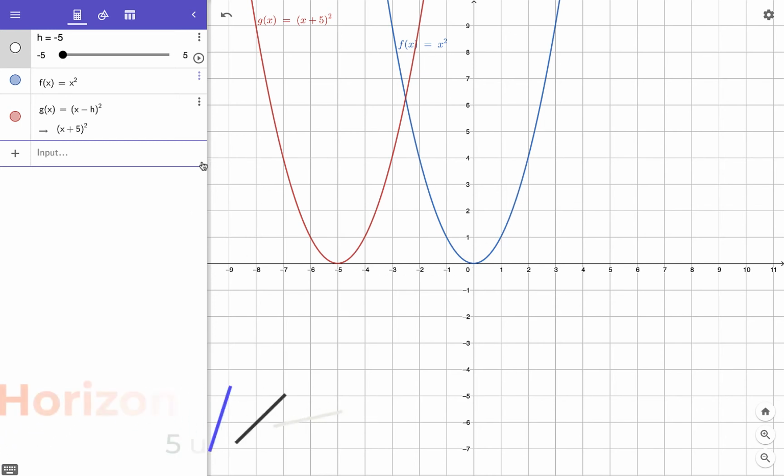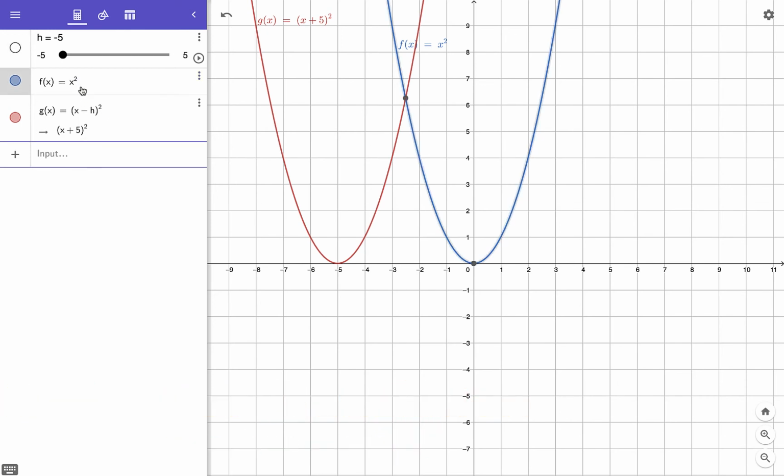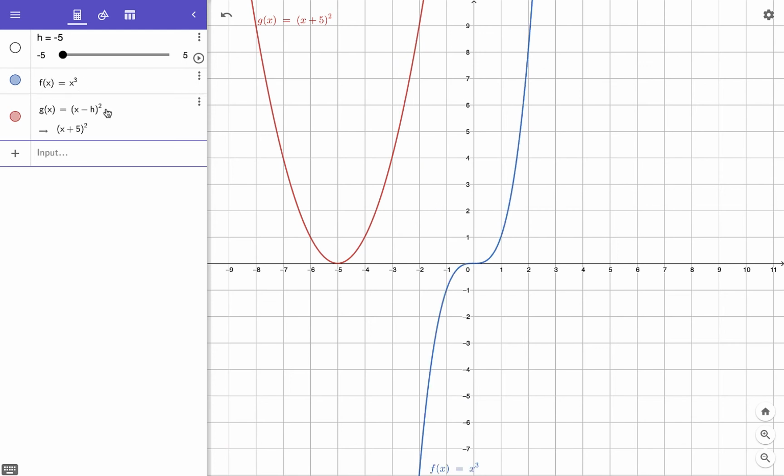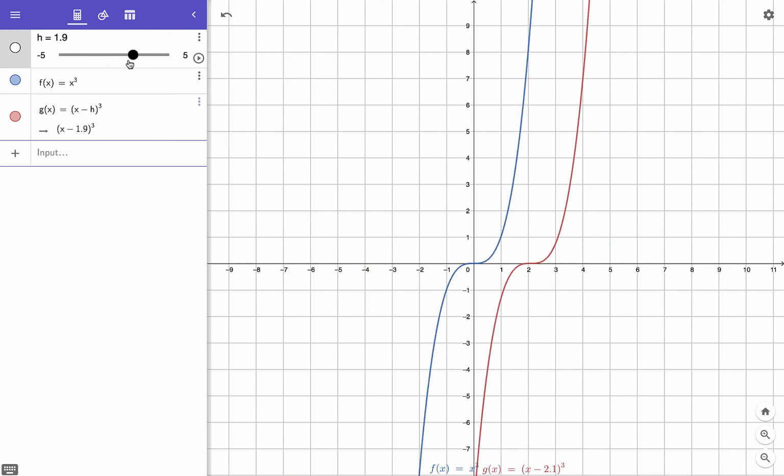I can use this for any function. For example, if I change my parent function to the cubic, and I change this power to cube, I get this, and now you can see the transformation is to the left and to the right.